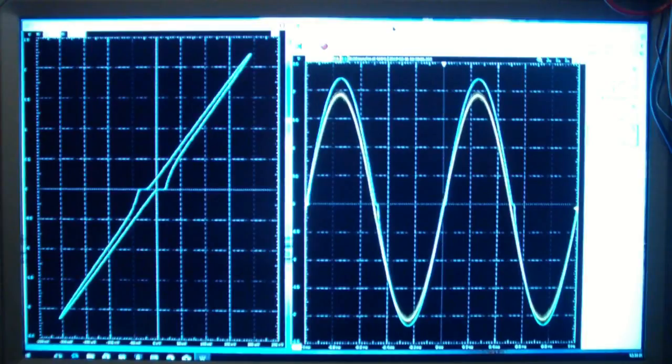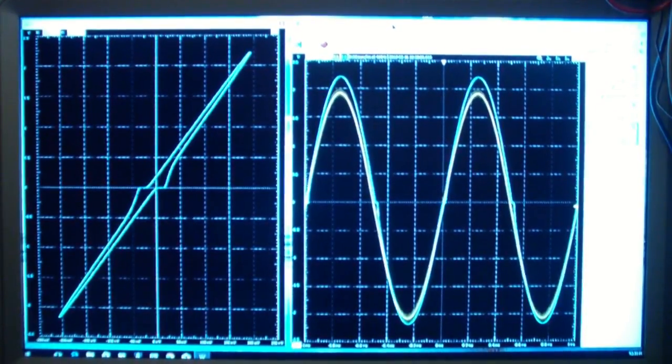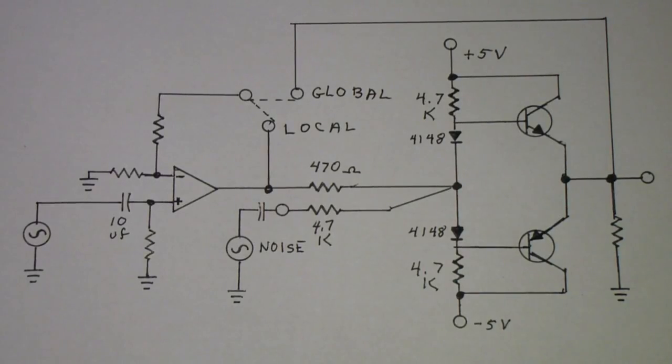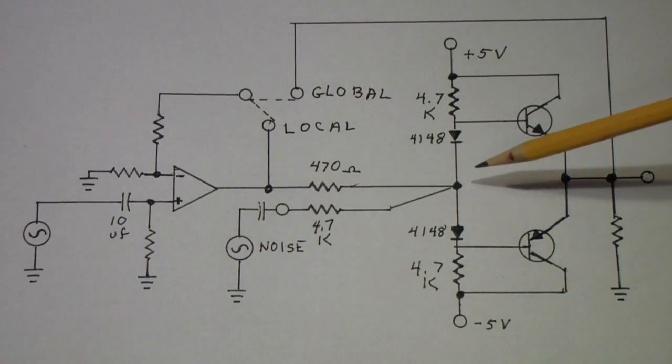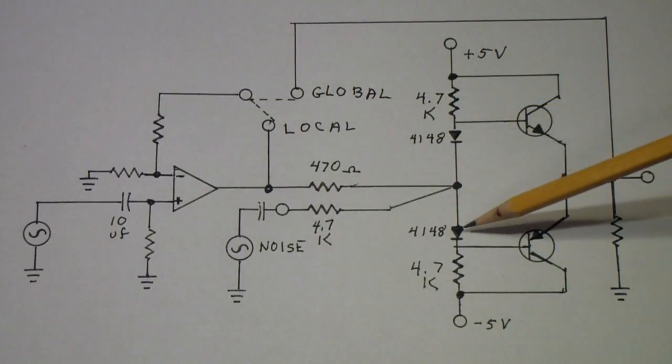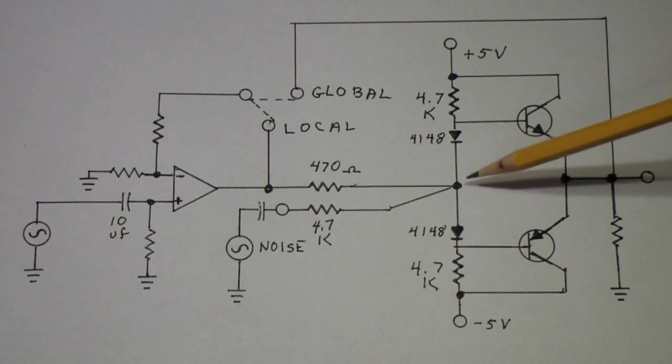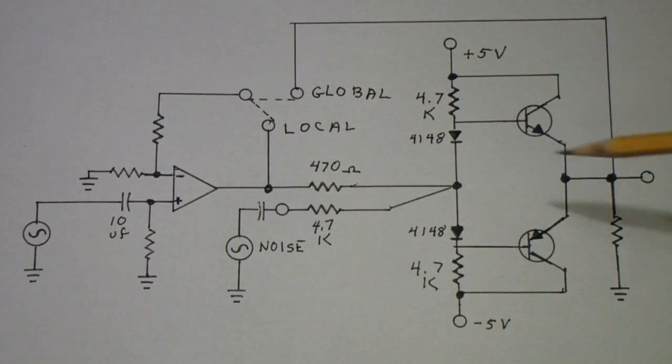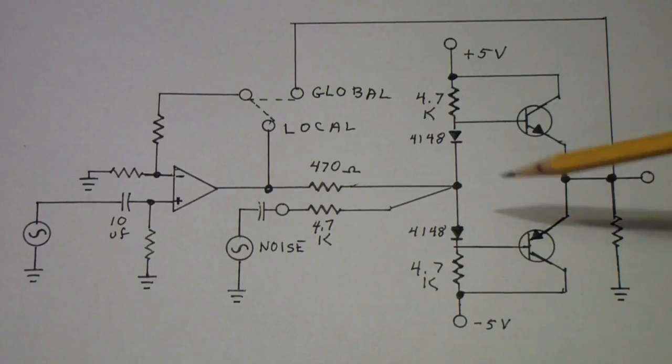So now let's take a look at that on the schematic. Here is the circuit that we're working with, and as you recall, the diodes in the output stage are inserted to convert this from a Class B amplifier into a Class AB amplifier.